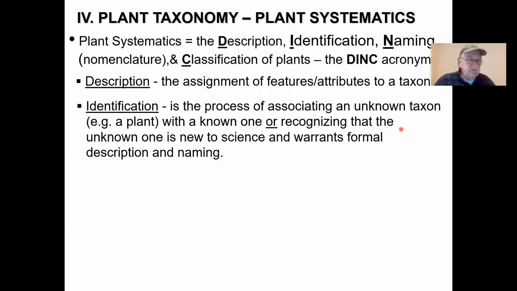I beg to differ, and I think it has to do with this. Definitions or circumscriptions, when you describe something, are like a very big hypothesis. If you properly describe something, not every plant is going to fit that description 100%, but 95 to 99% of the time, the plant you find is going to fit in that circumscription or description that exists.